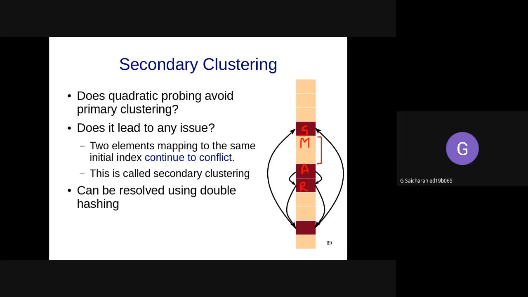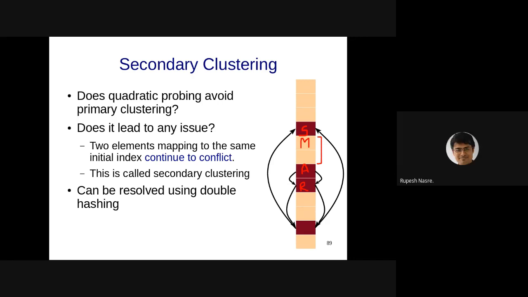So now when Mrityunjay comes to the cell of Sai Charan, he's again redirected to Aniruddha's cell, and now he again faces a collision and he is further redirected to another cell. So they seem almost identical. Only that in the general sense they seem far apart.